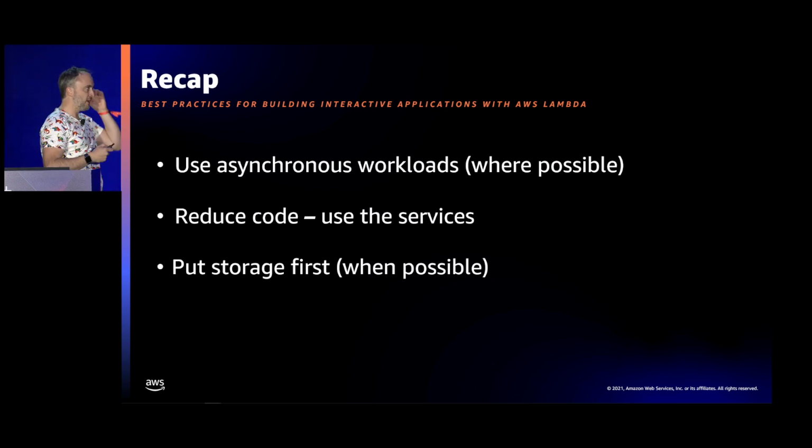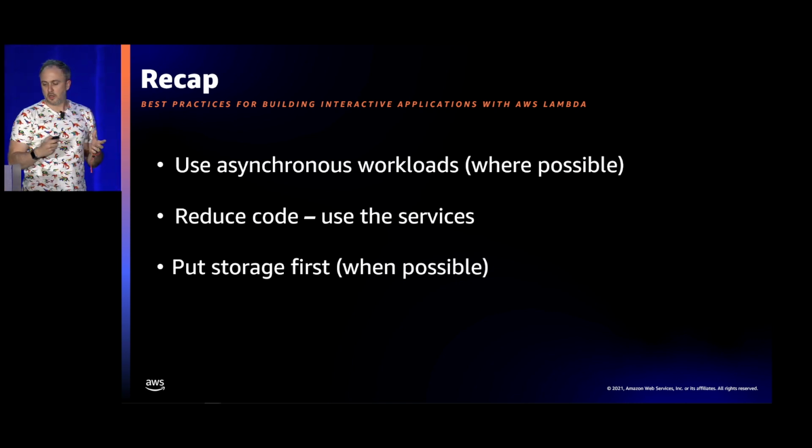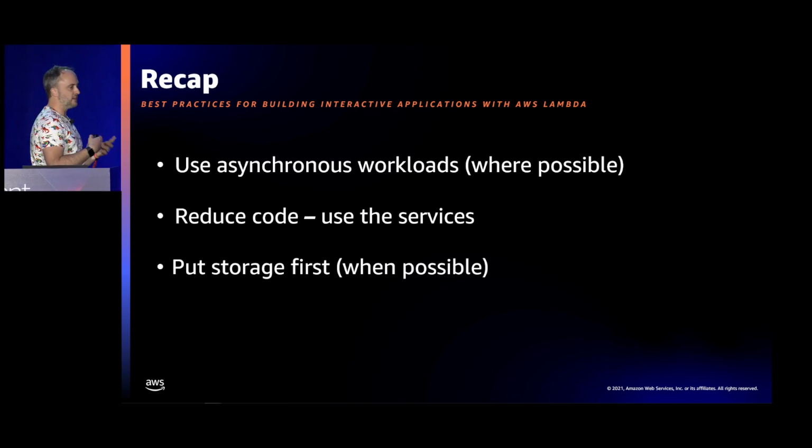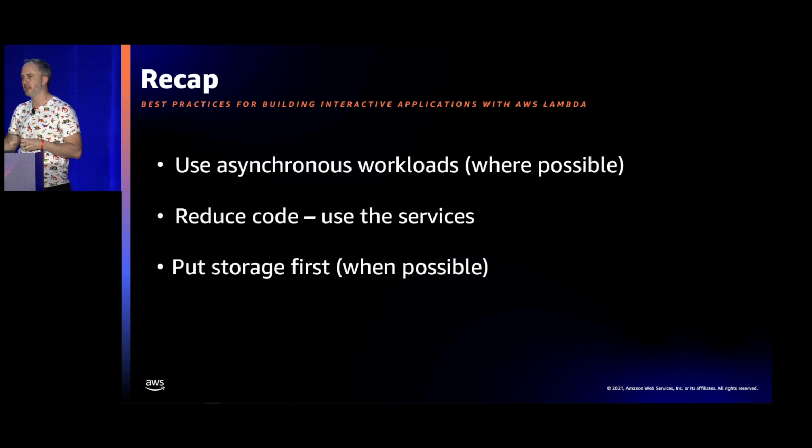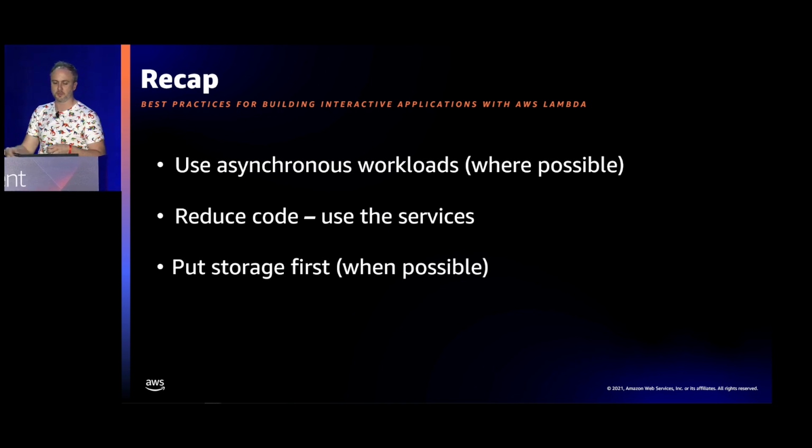So just to recap, I've mentioned a lot about synchronous and asynchronous here. Interactive workloads have often been talked about in terms of preventing cold starts, right? Making your function warm, using provisioned concurrency, things like that, making your function work as quickly as possible. But I think of it a bit differently.